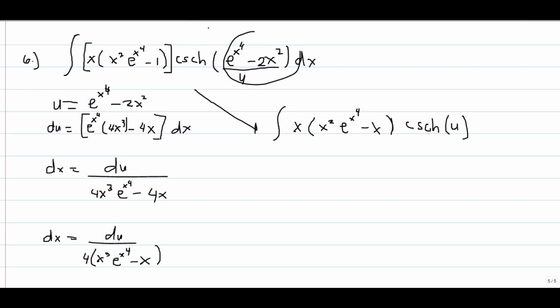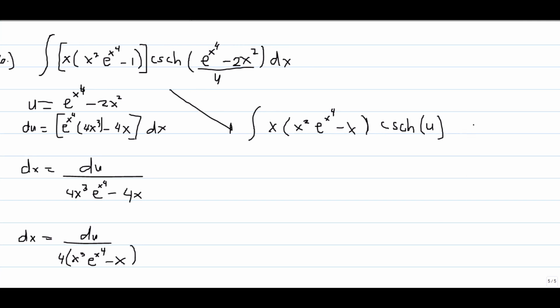I change this into u, where dx here equals du over 4 times the quantity x cubed e to the power x to the fourth minus x.